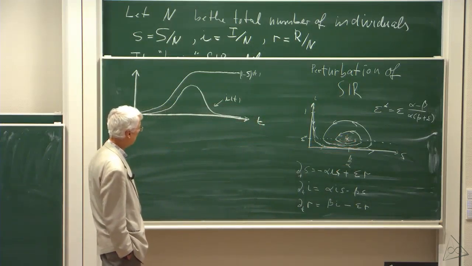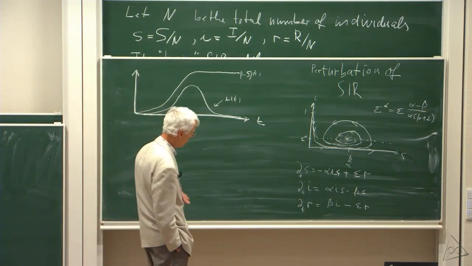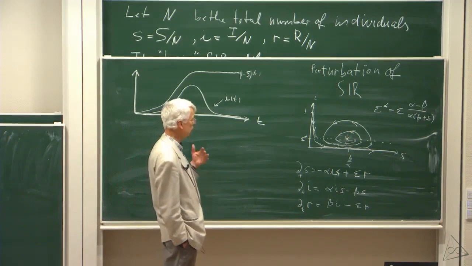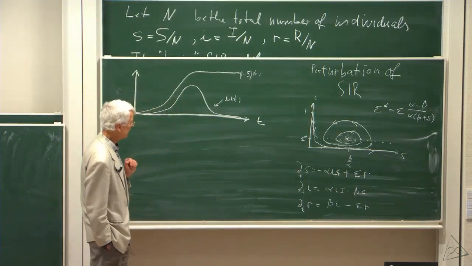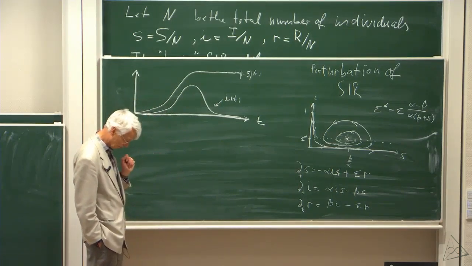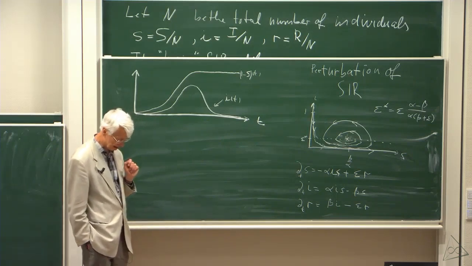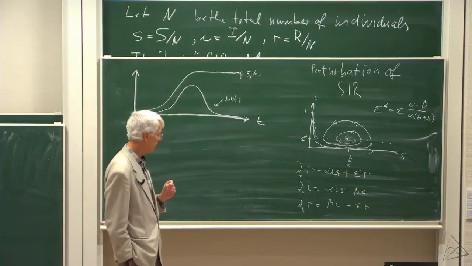Now, when do we have one situation, and when do we have the other situation? What we can roughly say is, and that is the example that we have seen, I'm going to explain that later on.